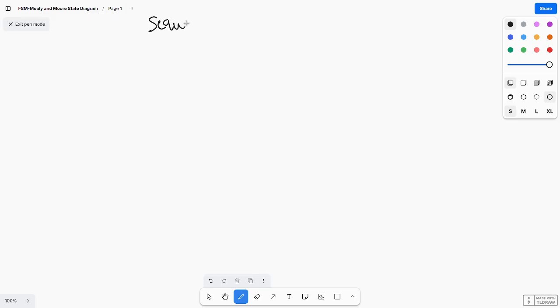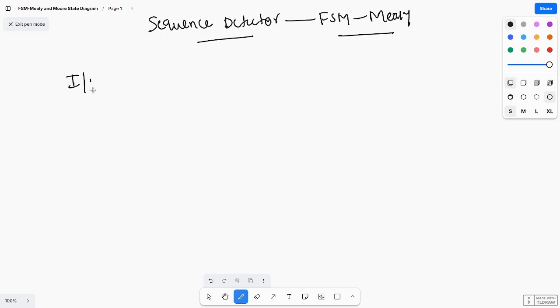Mealy sequence detector FSM. Let us take the input sequence like 0 1 1 0 1 0 double 1 double 0 1.